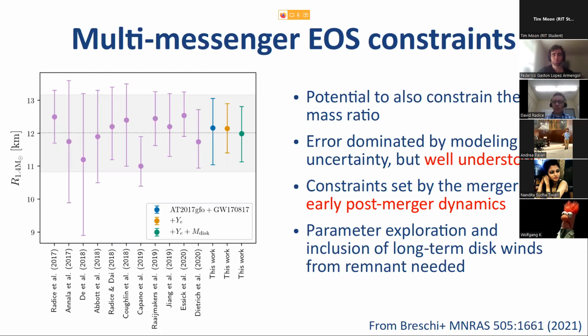In principle, if we had reliable models of the long-term evolution, we could do much better, because we would be able to exclude situations in which there is enough material outside the black hole to potentially power a kilonova, but because of the way this material evolves, actually this is inconsistent with observations. So there is a lot of potential to improve these estimates, but they rely on us understanding the post-merger dynamics.